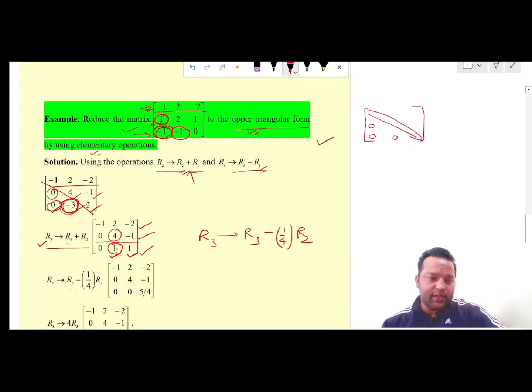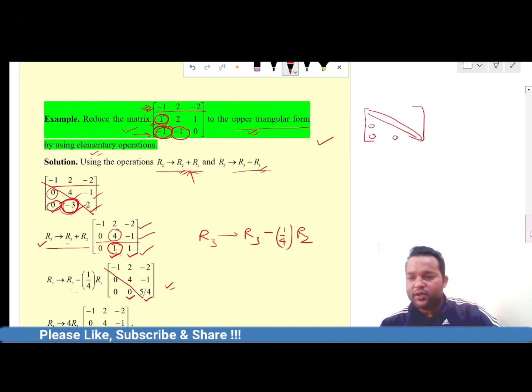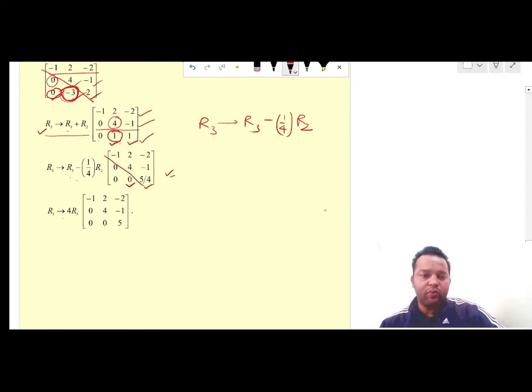Using this operation, this entry becomes 0 and the corresponding entry is 5/4, and now this form is our upper triangular form. This matrix can be further simplified by removing the fractional entries in the third row by simply using the operation R3 replaced by 4R3. So this matrix is obtained, which is our required upper triangular form. This is also an upper triangular form.